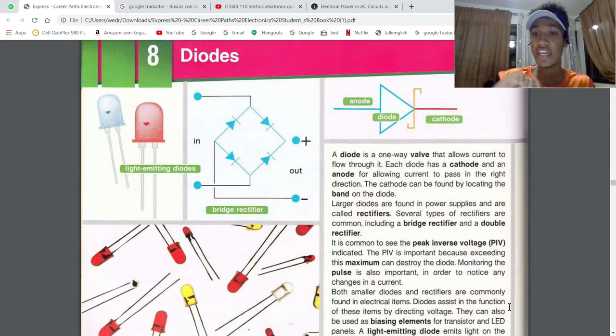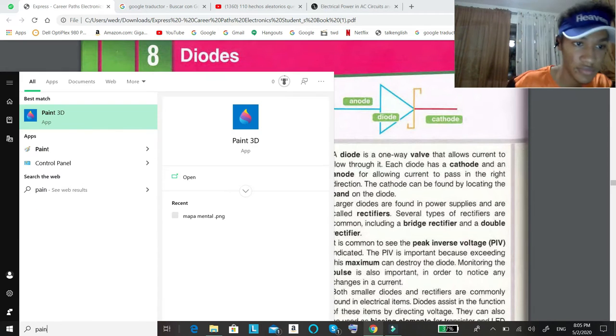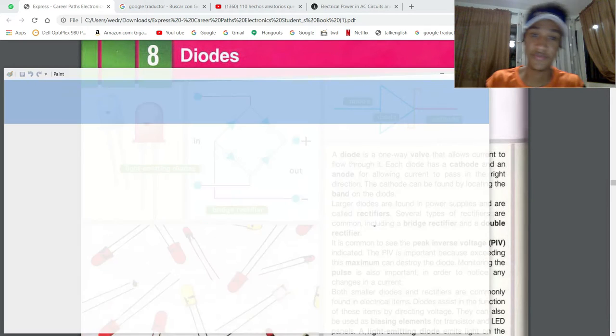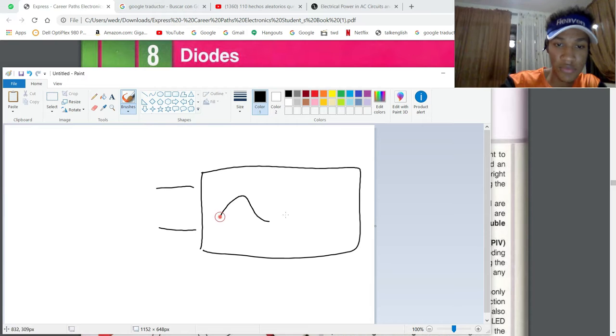The anode I put in negative, and the cathode I put in the air, because I connect the battery. So if I go to Paint, I have a circuit. This is a board.